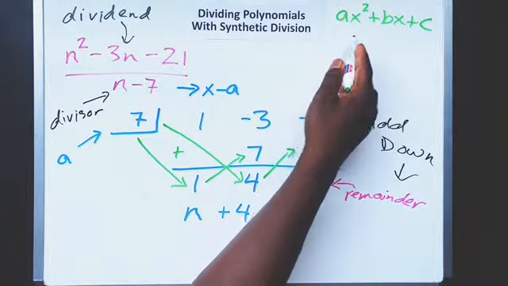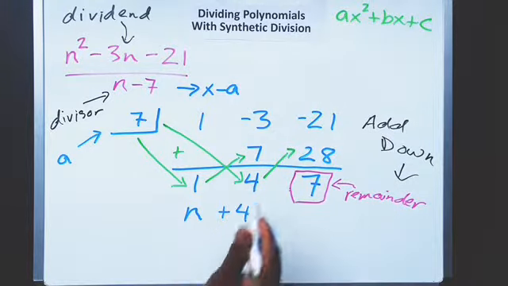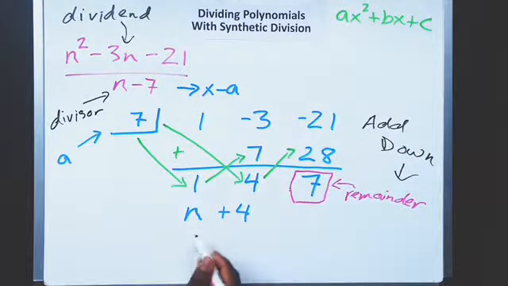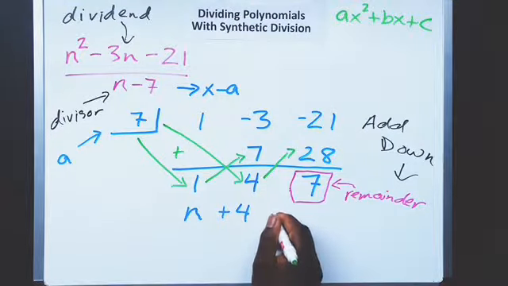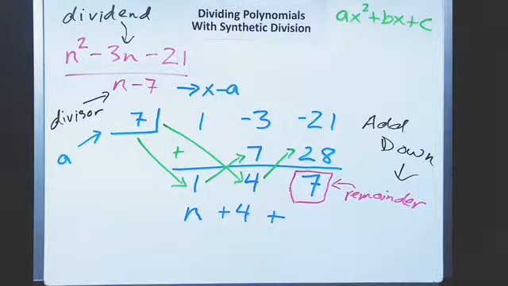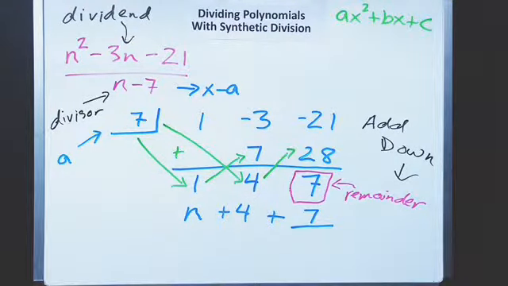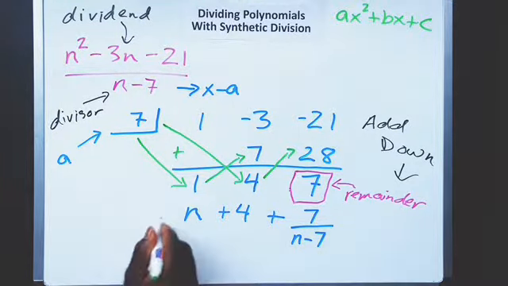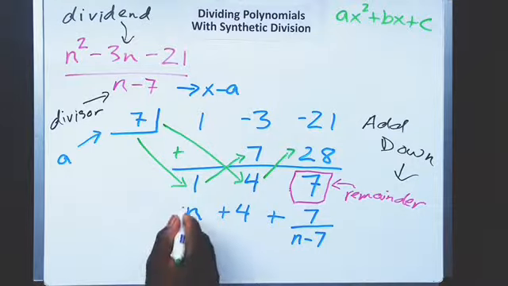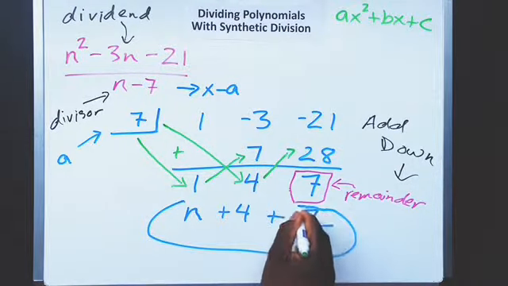We're following the standard form of a quadratic. You have x squared and then x. In this case, this is n, and what follows is c, the constant. Okay? So then we write plus, and we take the remainder, put that in the numerator, and then we take the divisor, n minus 7, put that in the denominator. Okay? And this is our final answer.